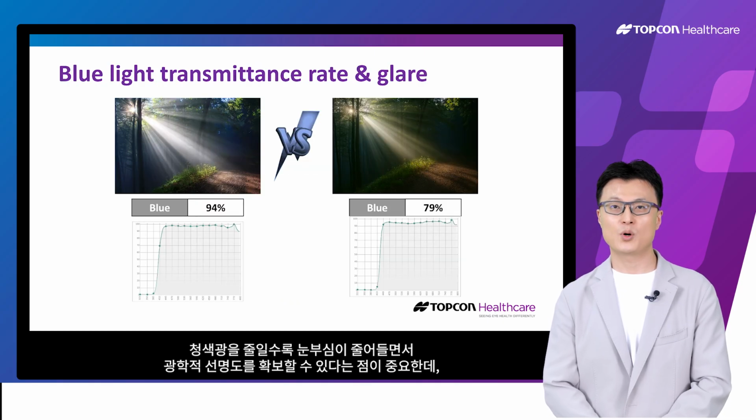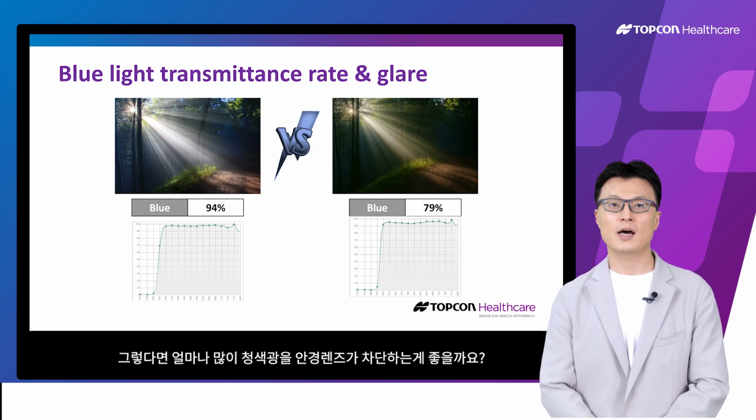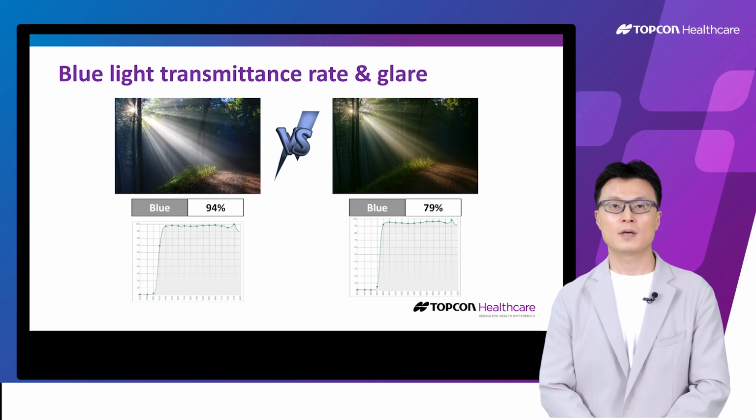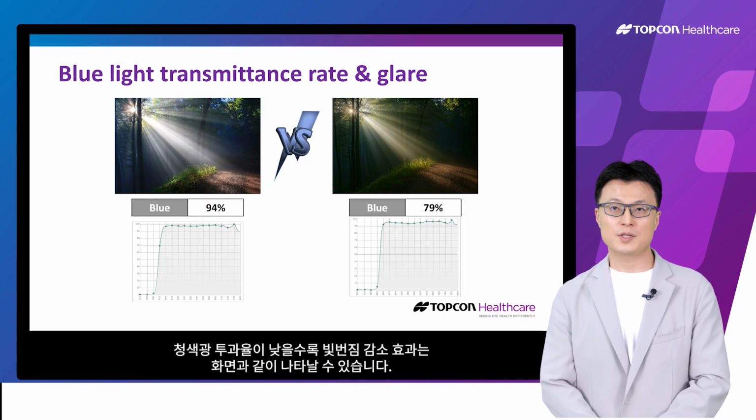It's important to note that lowering blue light can reduce glare and help achieve better optical clarity. So, how much blue light should eyeglass lenses actually block? As the blue light transmittance goes down, you can see on the screen that there's a noticeable reduction in glare.